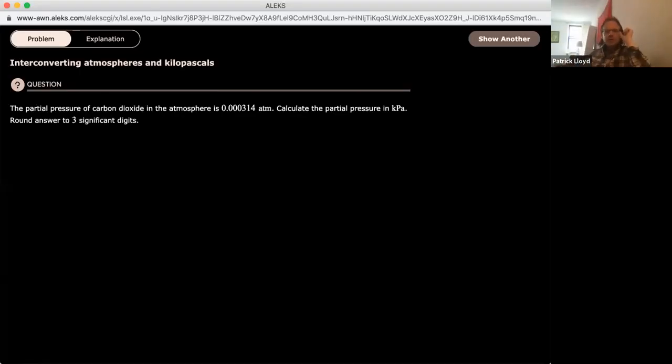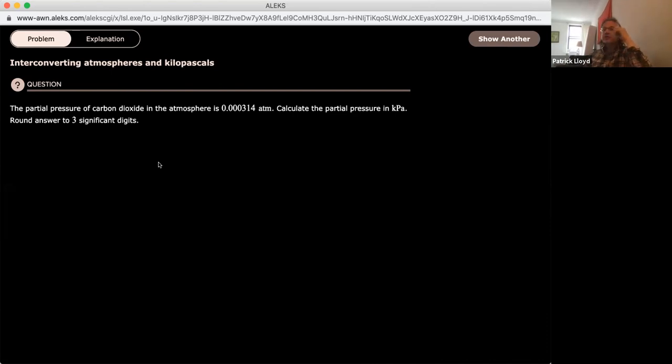Okay. I'm going to open up the first one. Interconverting atmospheres and kilopascals. So here we go. The partial pressure of carbon dioxide in the atmosphere is 0.000314 atmosphere, pretty small, right?